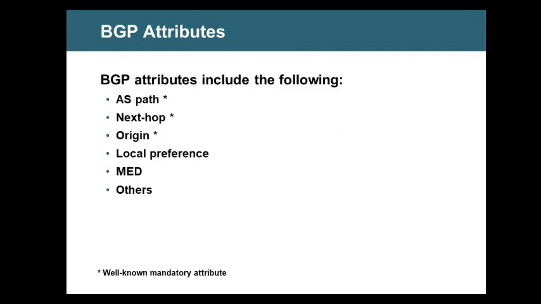Next hop, origin. See the first three with the star. They are always seen in every advertisement from any vendor device, whether it is Cisco or any vendor. If they run BGP, definitely those advertisements coming will have AS path, next hop, and origin. They are well known.